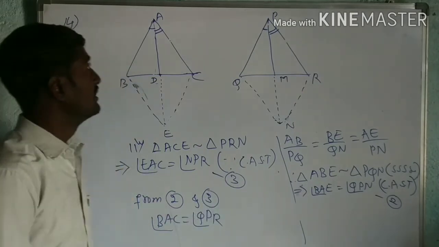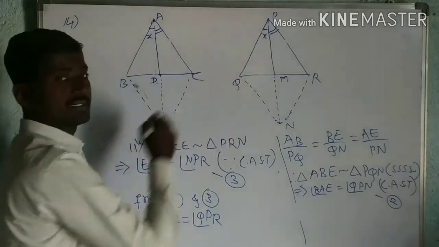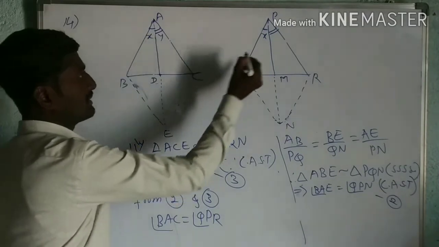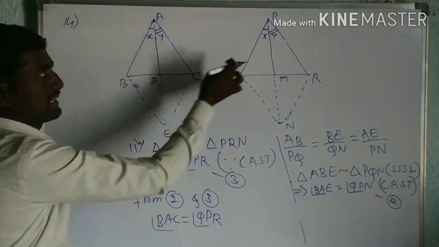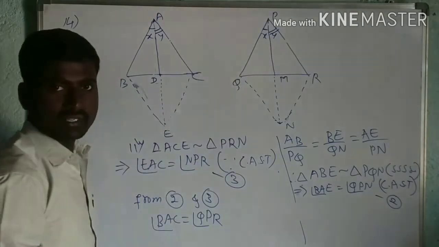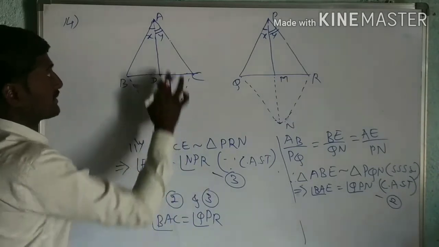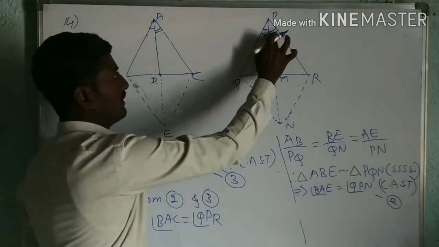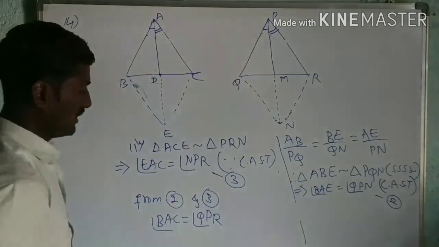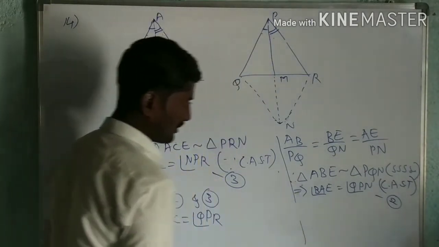If I take this as X, this will be X. If I take this as Y, this will be Y again. Angle A is X plus Y, and angle P is X plus Y. Therefore, angle A is equal to angle P.